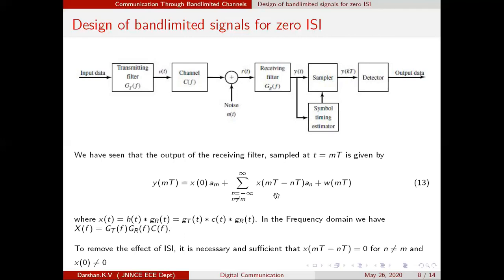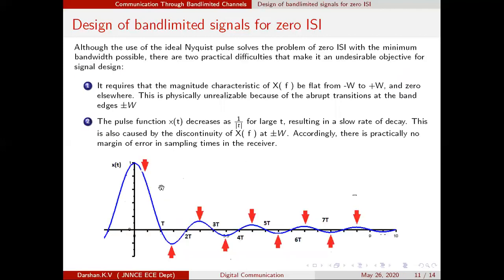That's what I'm telling you, so you should be very careful with respect to sampling time. If there is any small error in the sampling time, whatever samples you take, you can only observe that they will have non-zero values. That means you should be very careful in designing the sampler circuit. So that is the real problem.